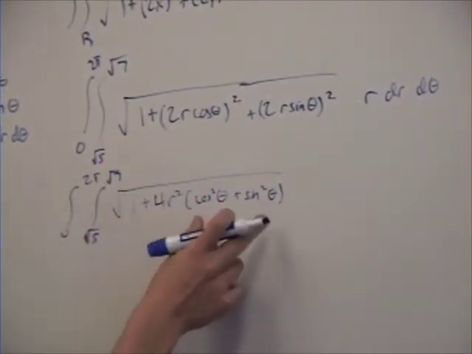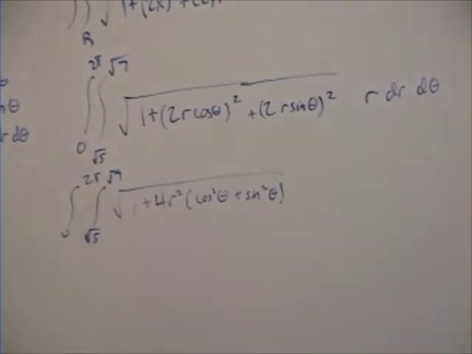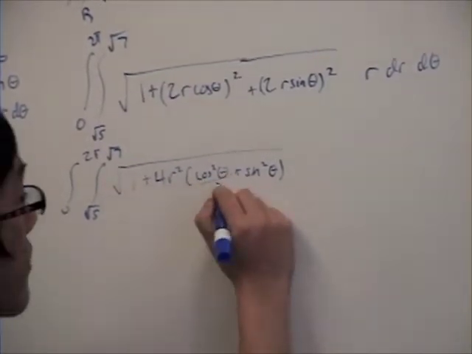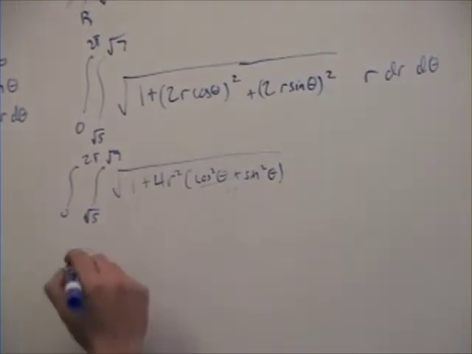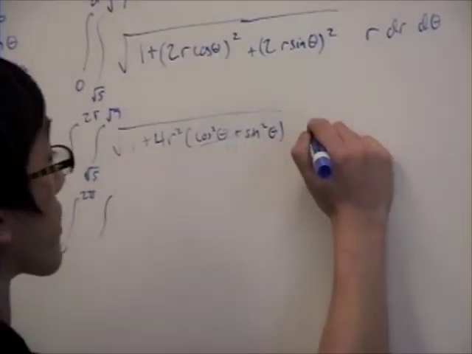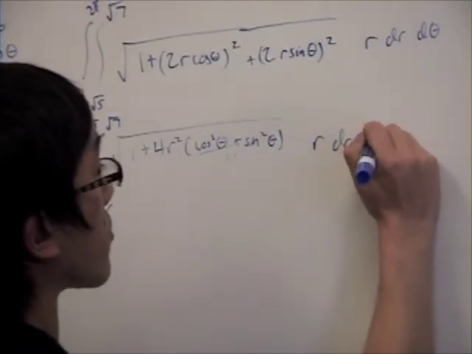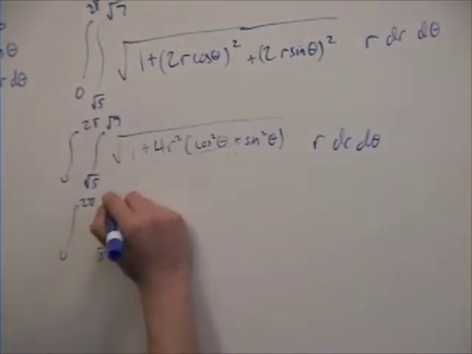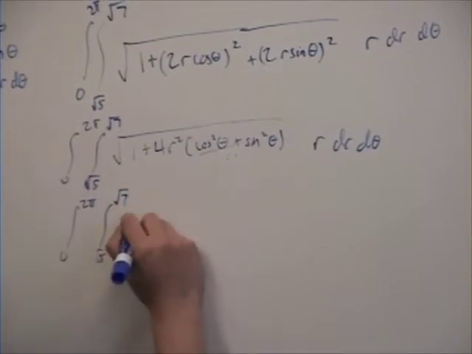We know that this is equal to 1, so we can remove that, and we're left with theta from 0 to 2 pi and r from root 5 to root 7.